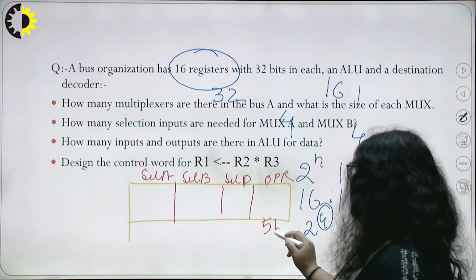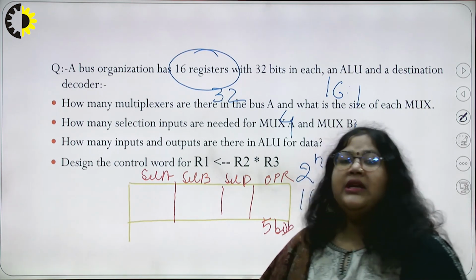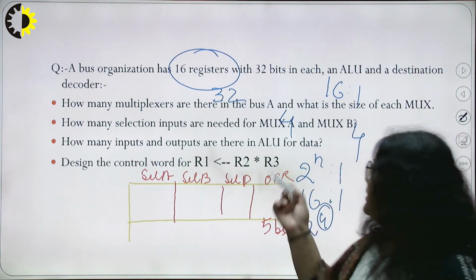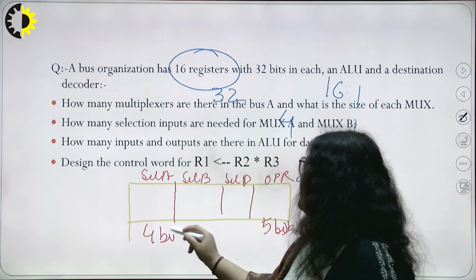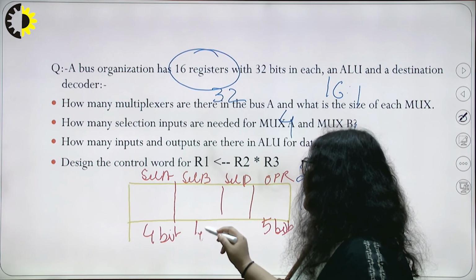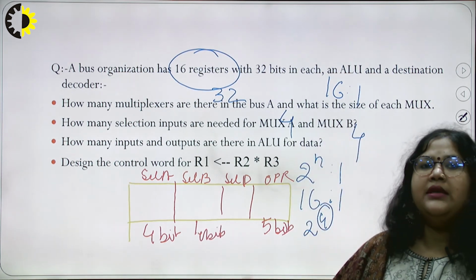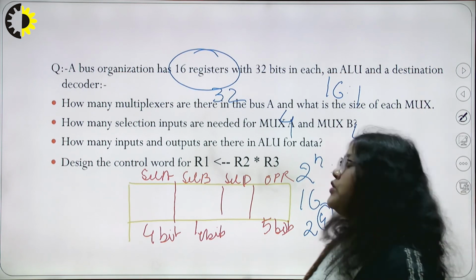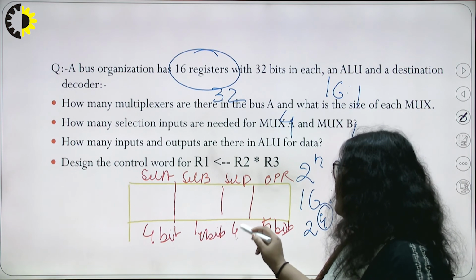How many bits are used in selection A? Selection A is already defined as 4 bits. Select B, 4 bits. What are the select D bits? Because there are 16 registers, the size of the decoder is 4:16, so the select bits are 4 bits.